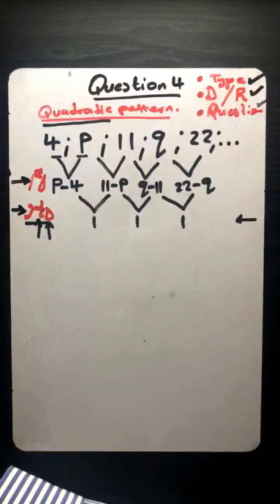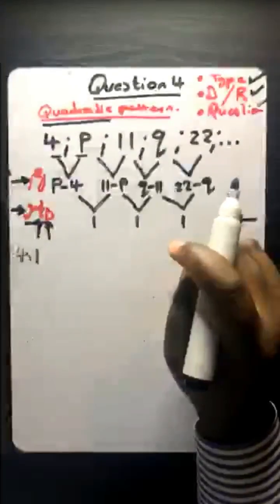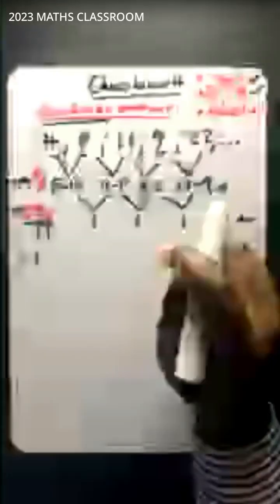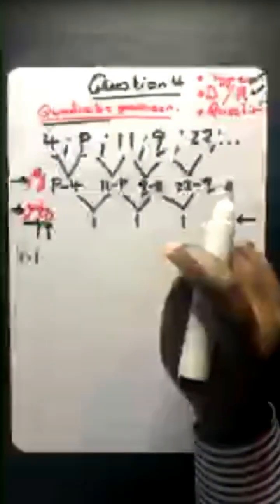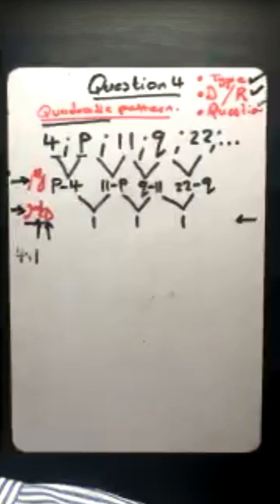Let's see. 4.1, it says, show that P is equal to 7 and Q is equal to 16. What? 3 marks.